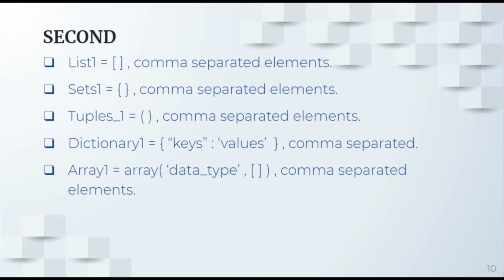So the list syntax is of course with square brackets with comma separated elements, sets with curly brackets, comma separated elements, tuples with round brackets and comma separated elements, dictionary with curly brackets, and here we have to mention the keys, and then after the colon the values, and the elements are of course comma separated, and then at last we have arrays. Earlier I said the syntax of array: the array keyword, then data type, and then comma separated elements.